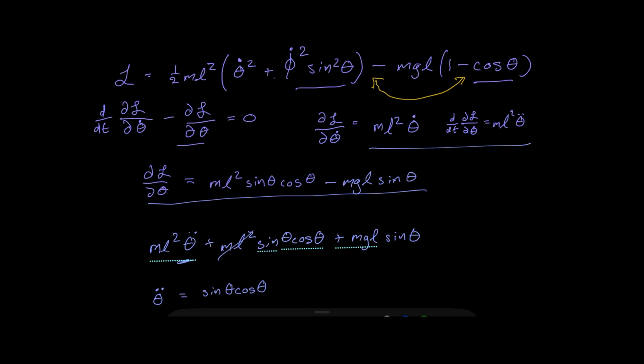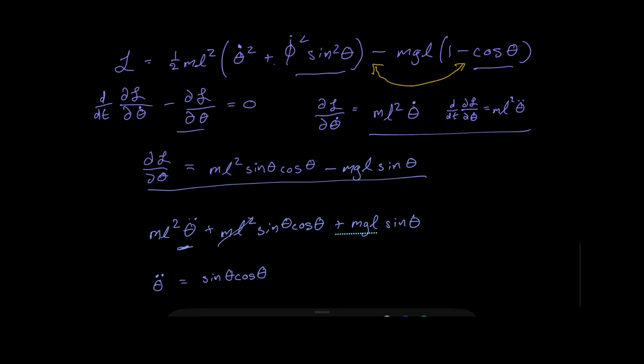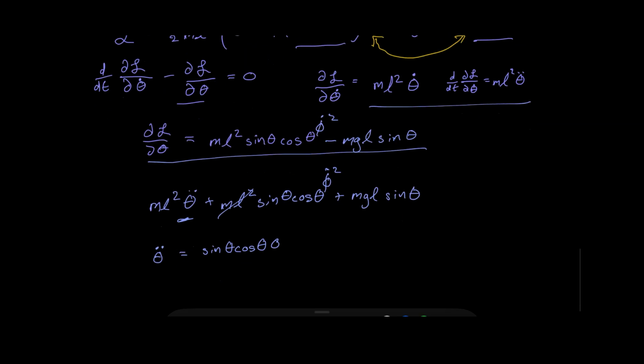Am I missing any terms here? Did I drop something? Yes, I did. So sorry. There's a phi dot squared that I dropped here. Phi dot, you gotta be careful with these. Phi dot squared, minus g over L now sine theta.